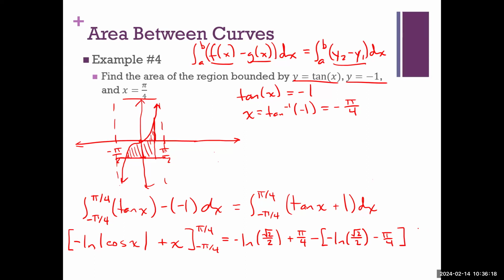And that should be everything. So what do I really get then? Pi over 2. The natural log terms cancel, and I get pi over 4 plus pi over 4. How we doing?